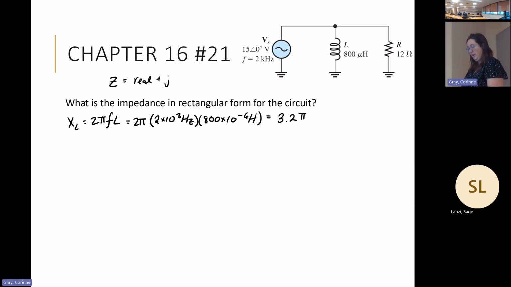Anybody want more time solving 21? So how did you guys go through and solve for the impedance value? Did you guys use Z directly or did you go through and use GBL?